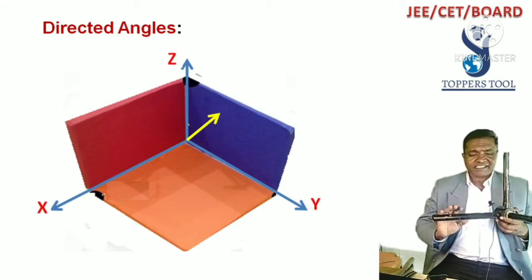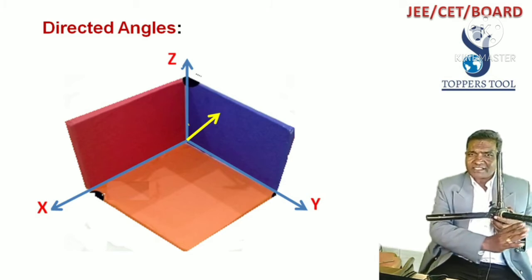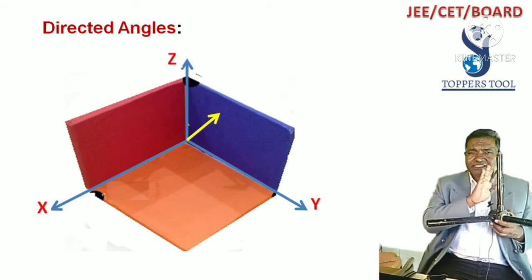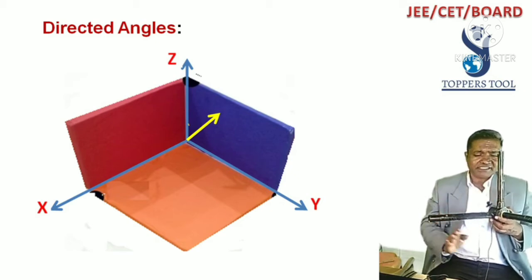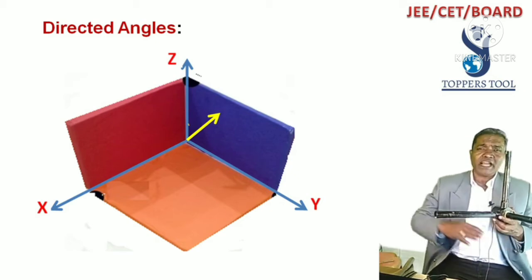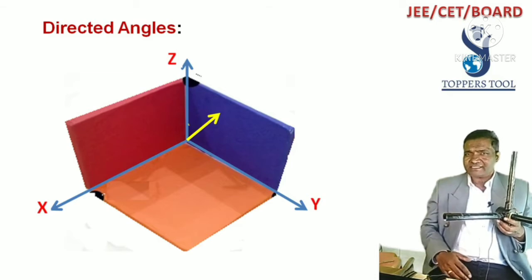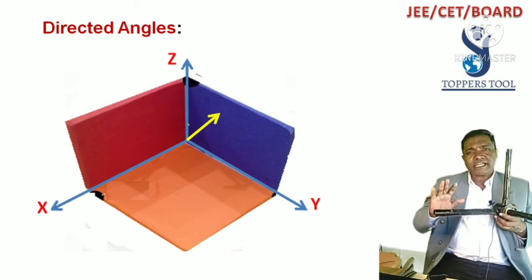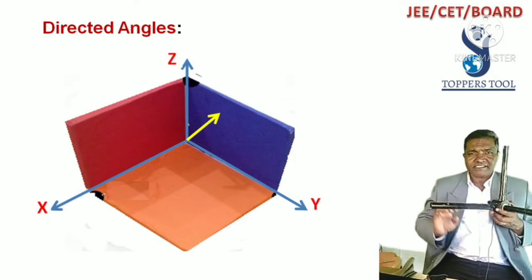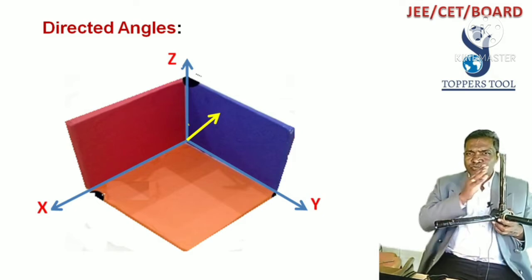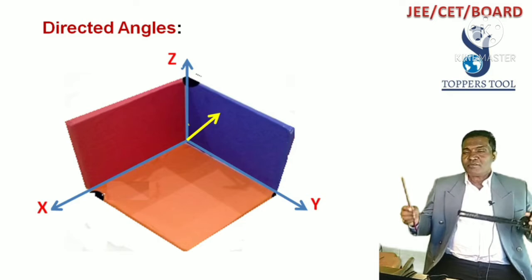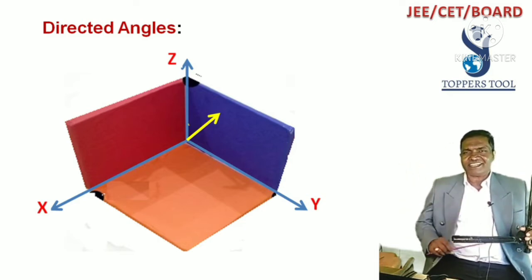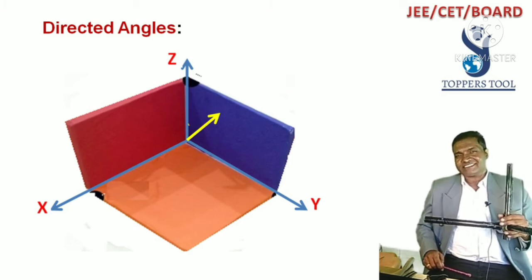This is the x-axis, you treat this as the y-axis, this as the z-axis. It doesn't matter; you can rotate this coordinate axis according to your wish. So right now suppose this is your x-axis, this is your y-axis and this is your z-axis.